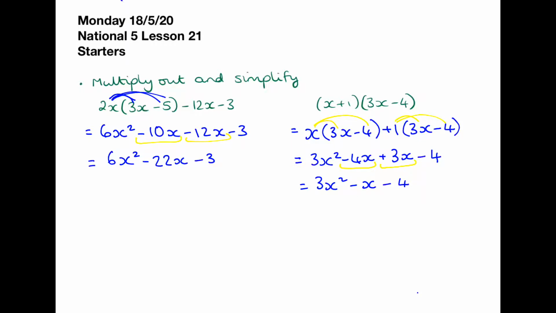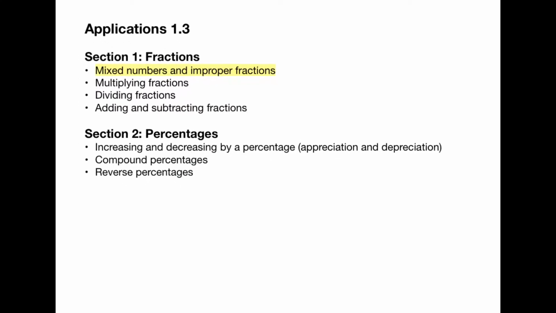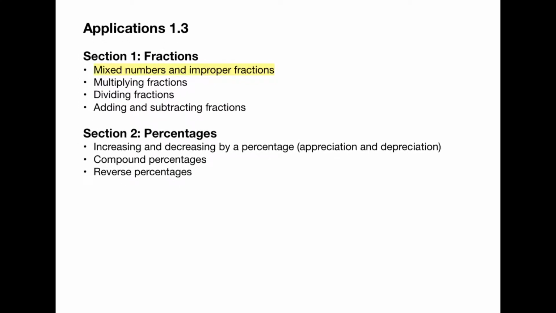Okay, so what we're going to be going on to, the next section of work is this. At National 5, there are 3 units. There is expressions and formulae. There's relationships, and there's applications.